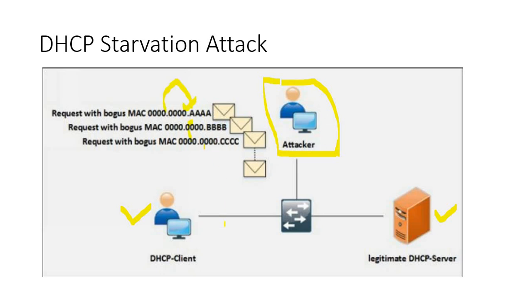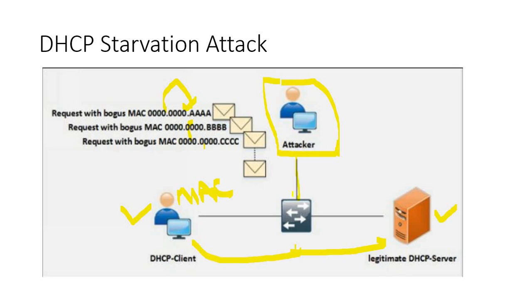Initially, the client is requesting the IP address from the DSCP server. The client definitely has some MAC address, and it is requesting from the DSCP server. But in the middle of it, there are a lot of fake MAC addresses sent by the attacker.